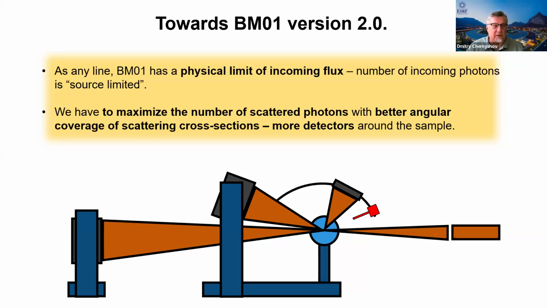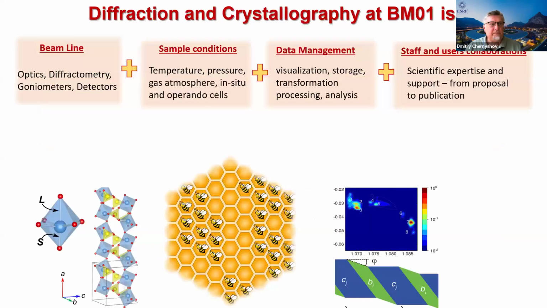So we need better coverage of the scattering cross sections. Simply speaking, we need more detectors to put around the sample. And I hope this is a principle which we will be able to realize in the next version of our beamline.